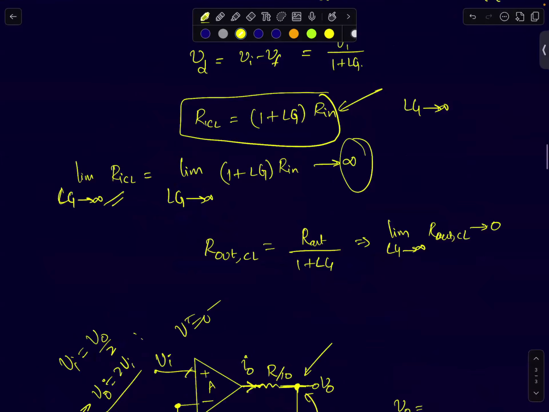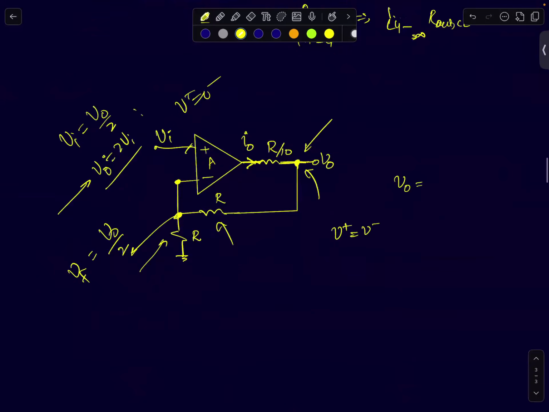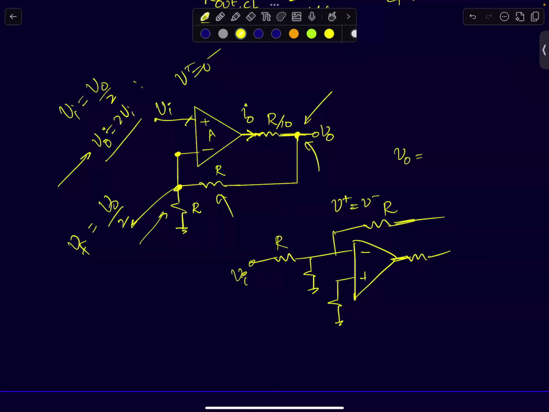So let me show you a different problem. Let me ask this question. Now, can you tell me, this is an inverting amplifier, okay?